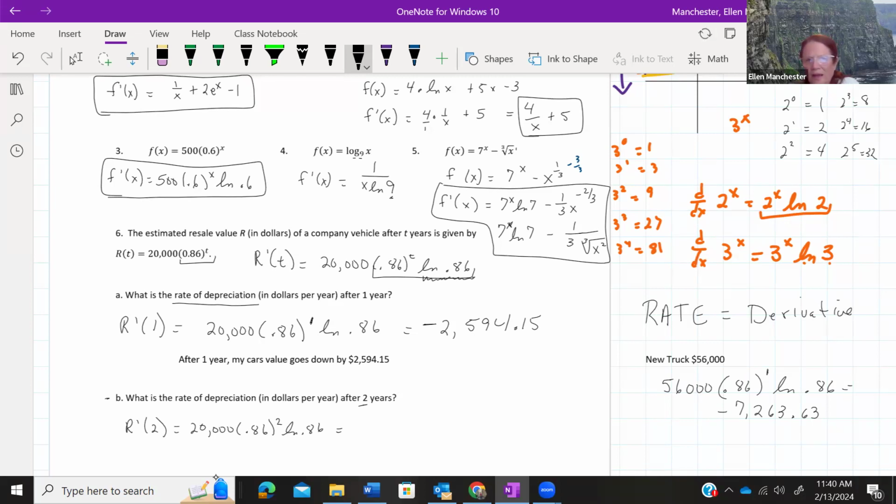So again, the 20,000 is what you paid for it, or the new value. The 0.86 is what it's worth each year. So in other words, what you're losing is 14%, right? Because 14 plus 86 is 100%. That's how much the value of the car goes down, about 14%.